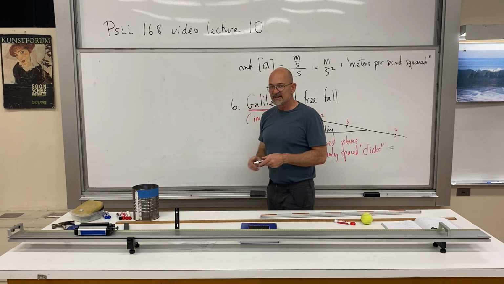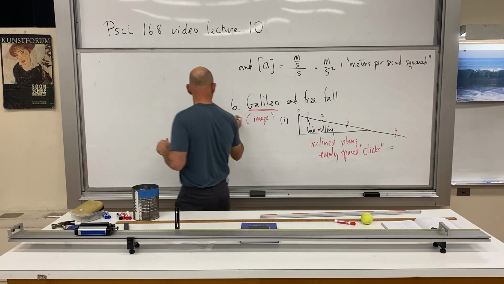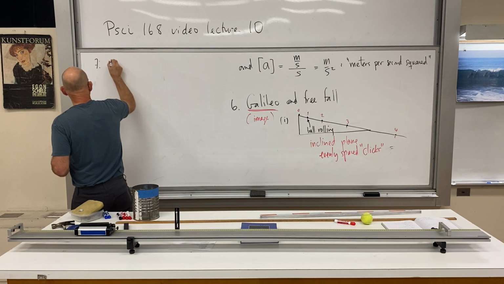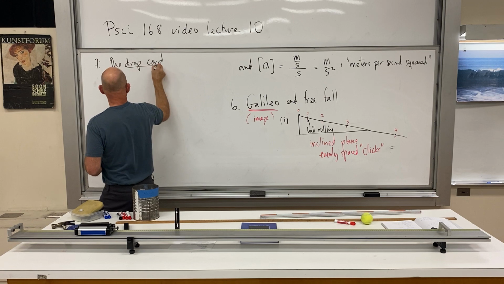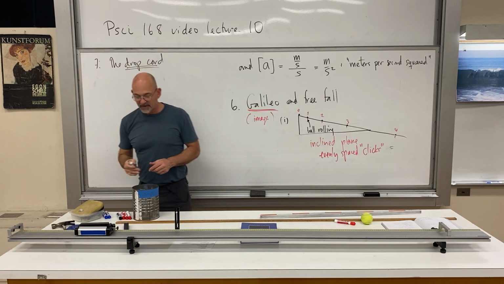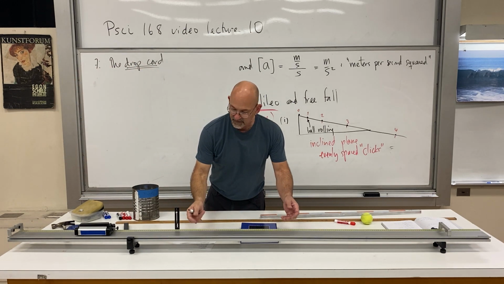So what we're going to call this is the drop cord. So 6, 7, the drop cord. Okay. And I brought the ingredients here to class. Let's see if we can pull this off.